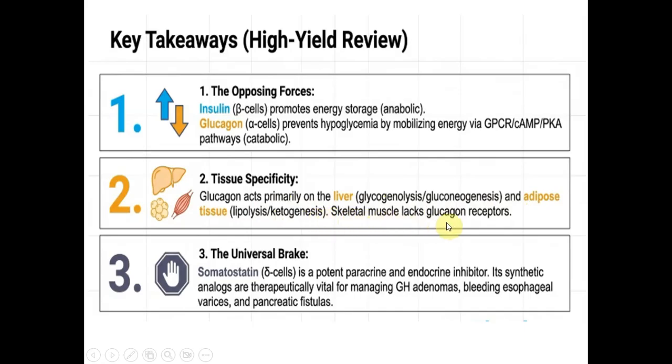Skeletal muscle lacks the glucagon receptor. Somatostatin is the universal brake and is a potent paracrine and endocrine inhibitor, and its synthetic analogs are therapeutically vital for managing GI hormone-secreting tumors, gastrointestinal adenomas, bleeding esophageal varices, and pancreatic fistulas.